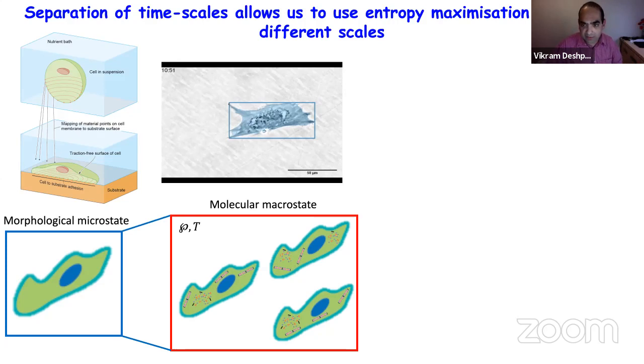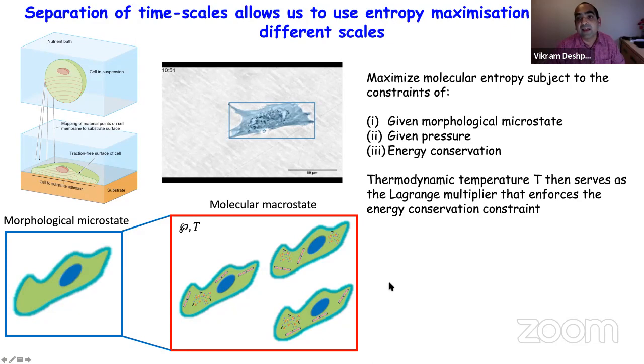And how would you do that? You'd maximize the molecular entropy subject to constraints. For a given morphological shape, given pressure and given energy conservation, we can then maximize entropy. That will result in a Lagrange multiplier, which is the standard thermodynamic temperature that enforces the energy conservation constraint. So this is standard thermodynamics that is happening.